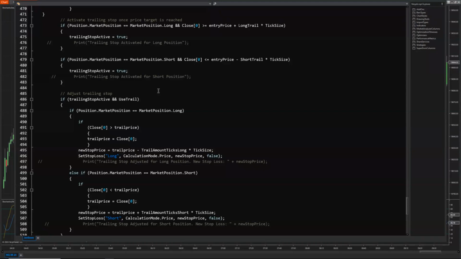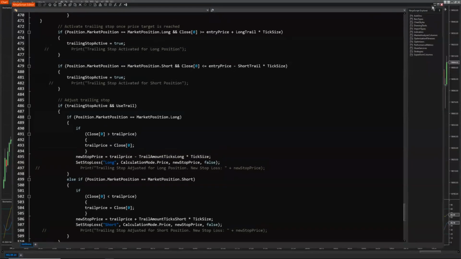Think of it this way with Apex. If you have a $1,000 profit target and $1,000 stop loss, but you make $800 on that and then it hits your stop loss, well, to Apex, that's an $1,800 loss that you just had. It's not a $1,000 loss, it's an $1,800 loss. And that's why I've started using more and more of these types of systems with my prop firm accounts.